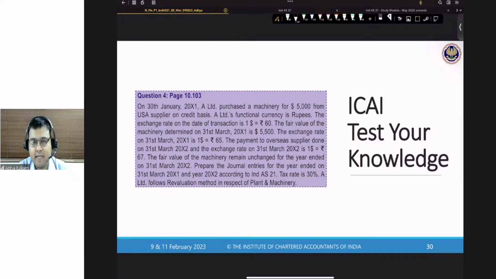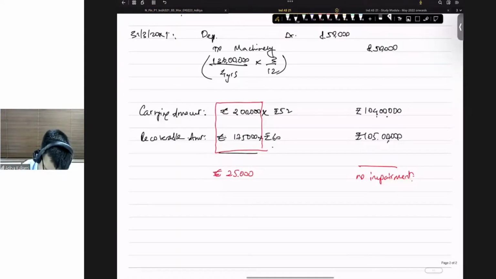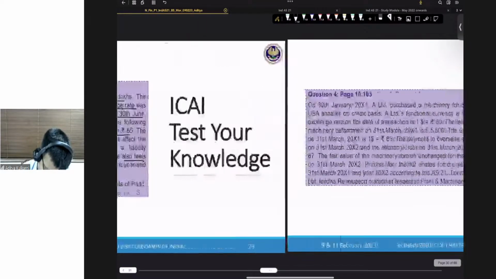For example, if there is a revaluation of machinery, then the revaluation is going to revaluation reserve through other comprehensive income. So any foreign currency gain or loss that happens on account of revaluation will be routed through other comprehensive income. Okay, yes, sorry, I did not see the second case. Yes, my mistake.